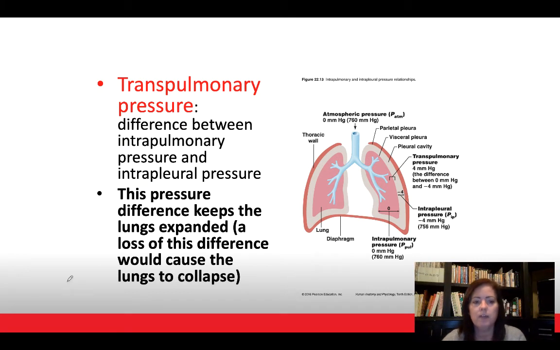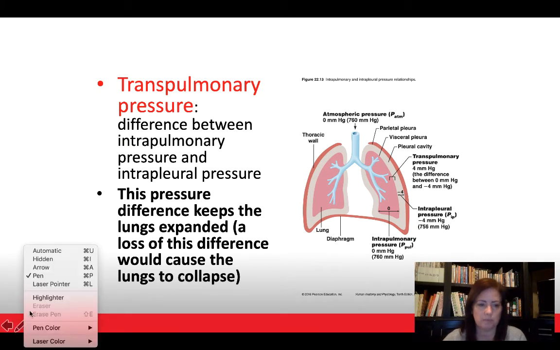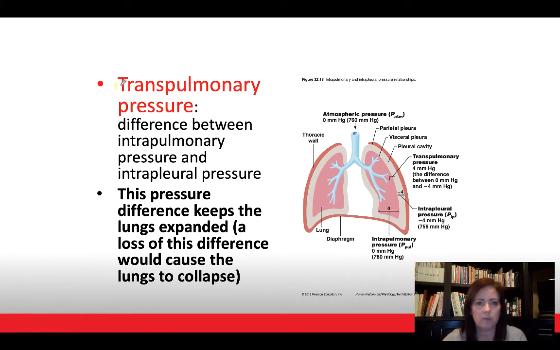Okay, and then transpulmonary pressure. So transpulmonary pressure is going to be the pressure difference between the two. Okay, transpulmonary pressure is going to be the difference between the intrapulmonary pressure, or the pressure in the lung itself, and the intrapleural pressure, which is the pressure out here in the pleural cavity.